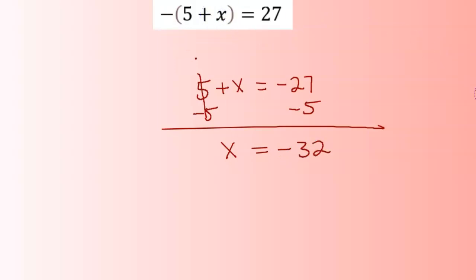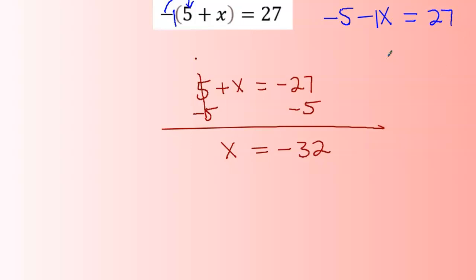-32. If we want to distribute, that's also fine, we distribute the -1 over the addition, so that one would have given us -5, then negative x, or you can say -1x if that's going to help, then 27.